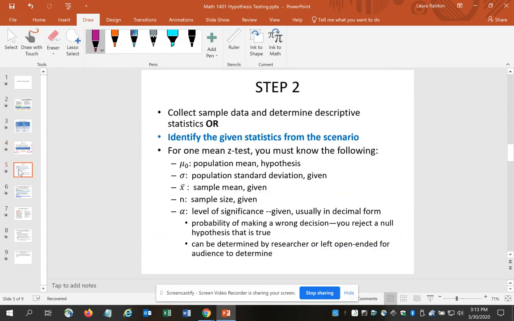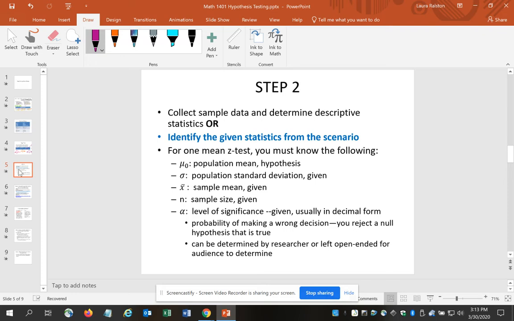Okay, so then we move on to step 2. In step 2, in the real world, you would actually go out and collect your sample data and then determine your descriptive statistics, perhaps using the Calculator Soup website, using your calculator, using some sort of statistical software like Minitab.